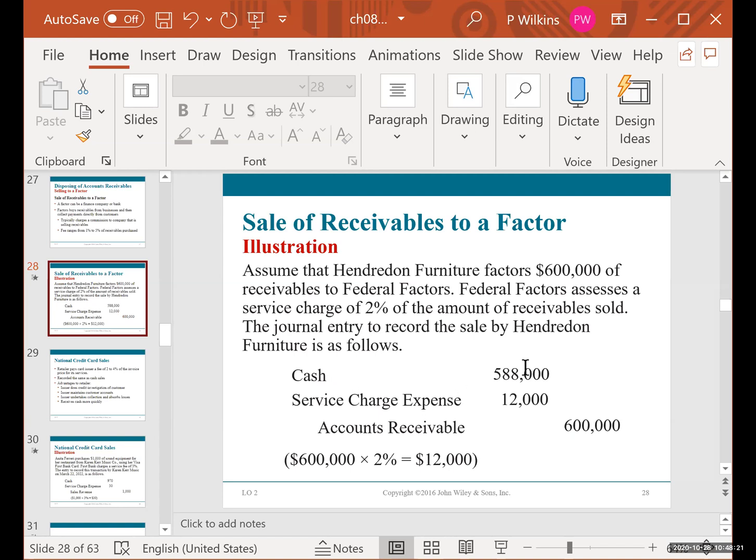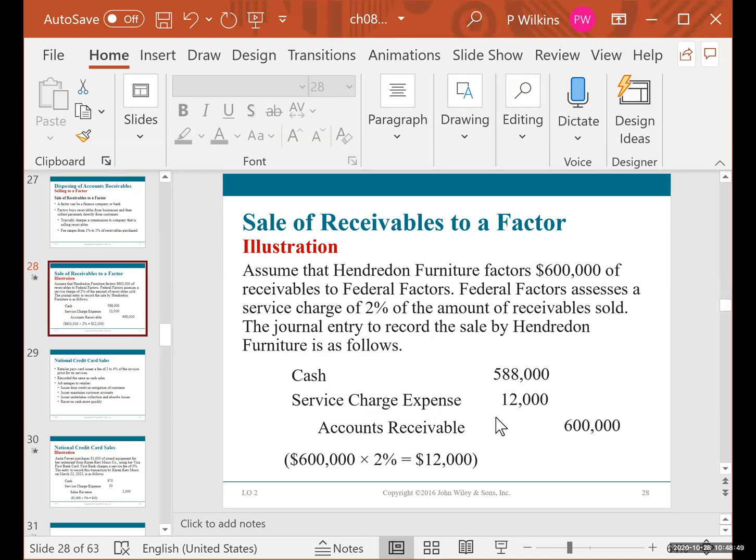So they're going to debit cash $588,000, which is $600,000 minus $12,000. They're going to debit service charge expense $12,000, and then they're going to credit accounts receivable $600,000. And so someone might look at this and go, wow, they're going to pay $12,000 in order to get their money. But the reality is that they couldn't hire a collections person, pay them a salary, pay them benefits and all that for $12,000.